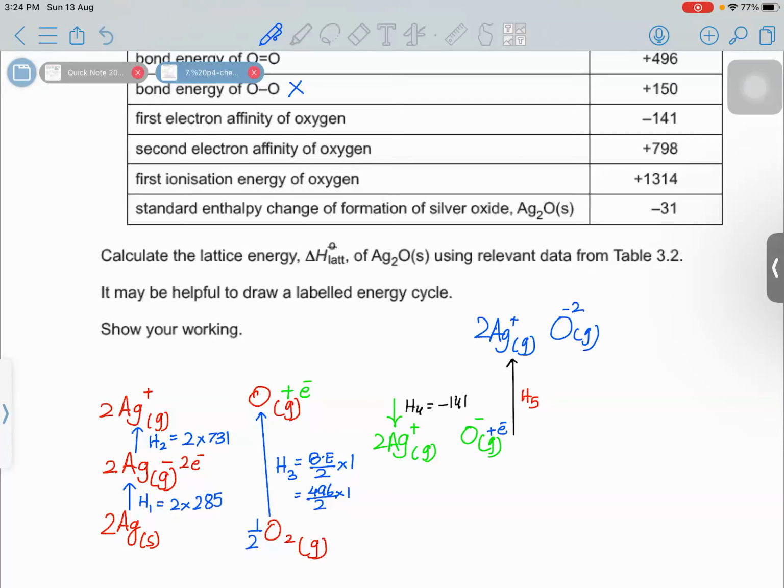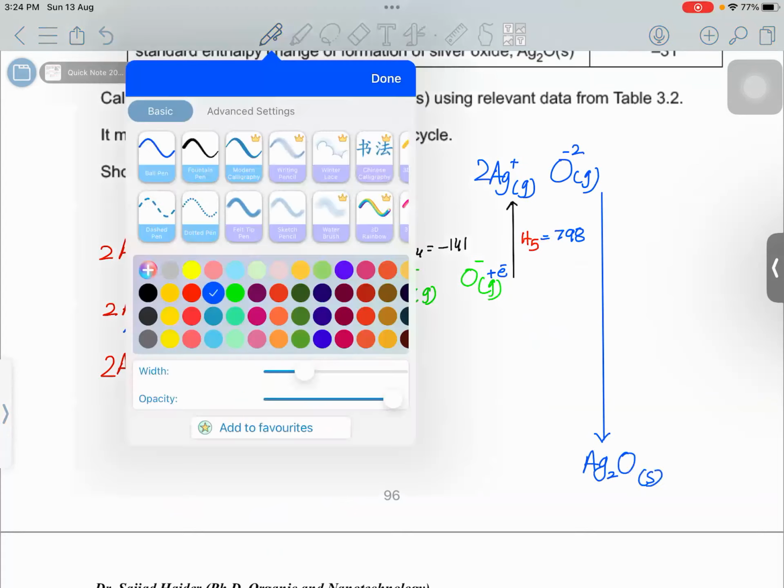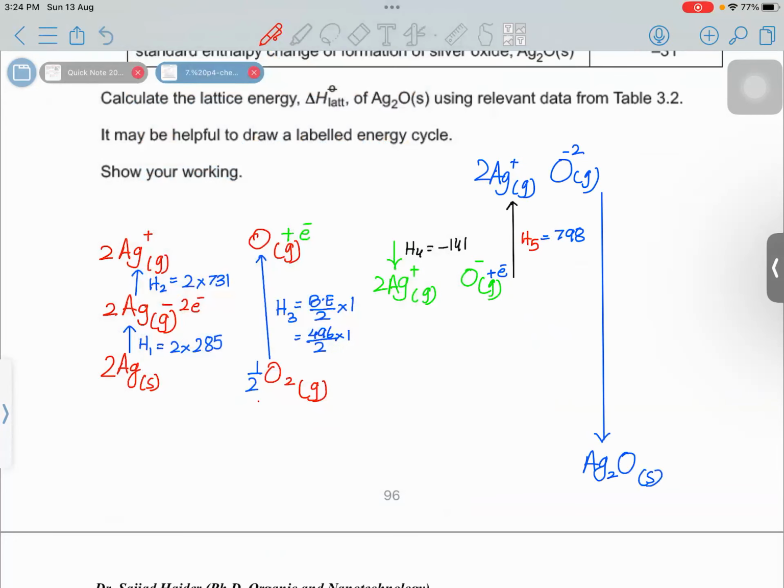Okay, can you tell me the value of H5? Plus 798. Now join these two. You have Ag2O solid. This is H6.